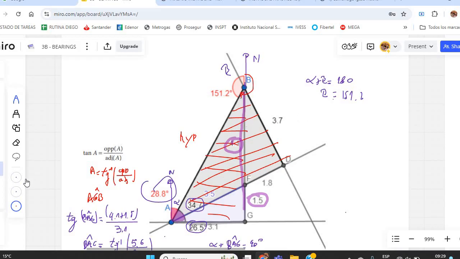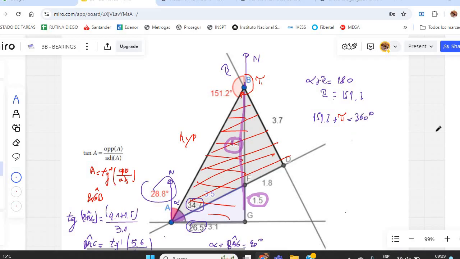So what you have to do is 151.2 plus, let's call it P, I don't remember the name, plus P equals 360 degrees.